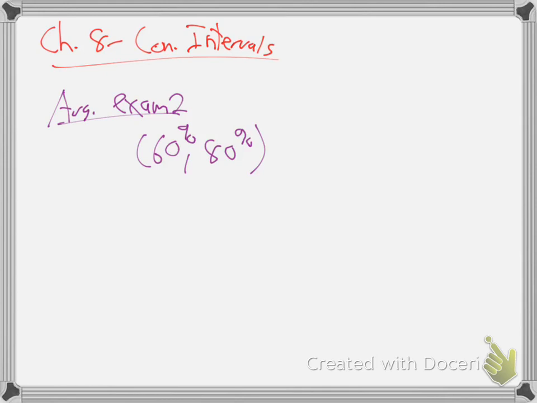So let me explain what this means. This little parentheses I put means from 60% to 80%. I don't know really if the real class average is in there. Probably a pretty safe bet.